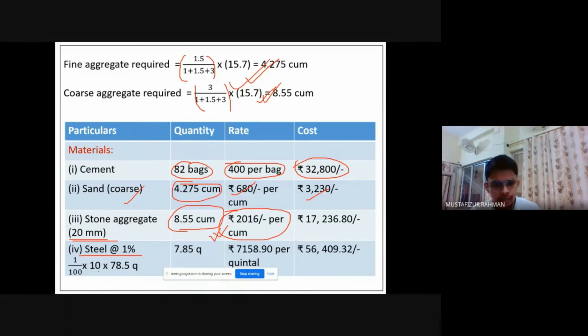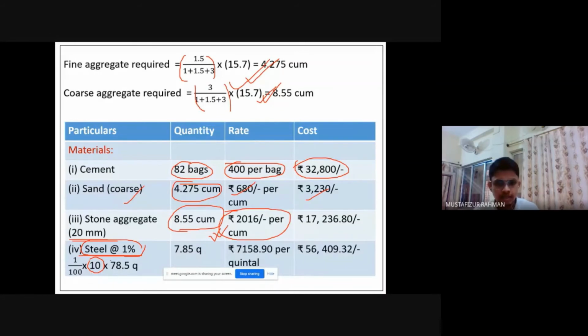Then steel. Now steel is said to be 1% of our work. What is our work? 10. Now do not use 15.7 here. Our concreting work ultimately was about 10 cubic meters. So 1% of 10 cubic meters is how many cubic meters of steel will be required.